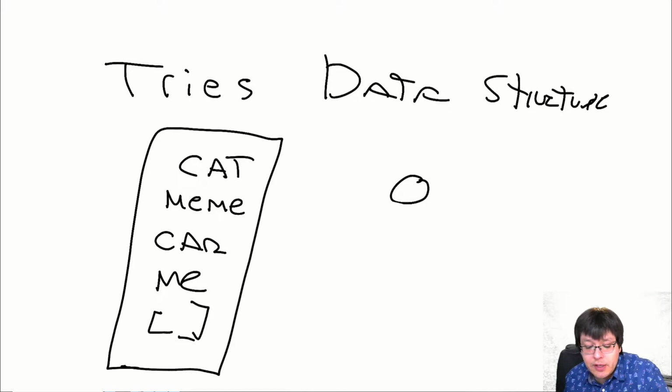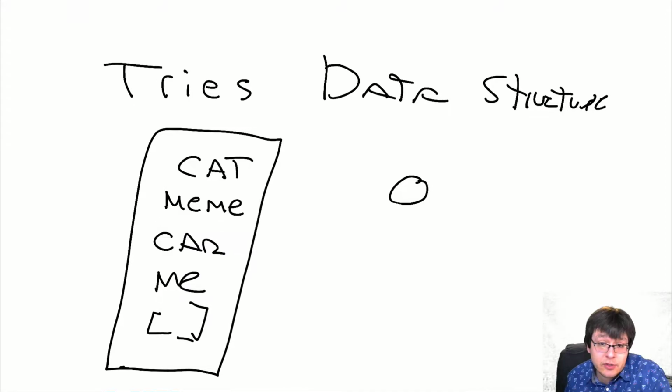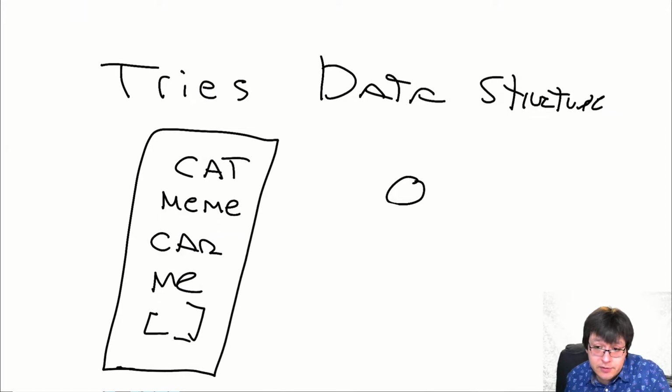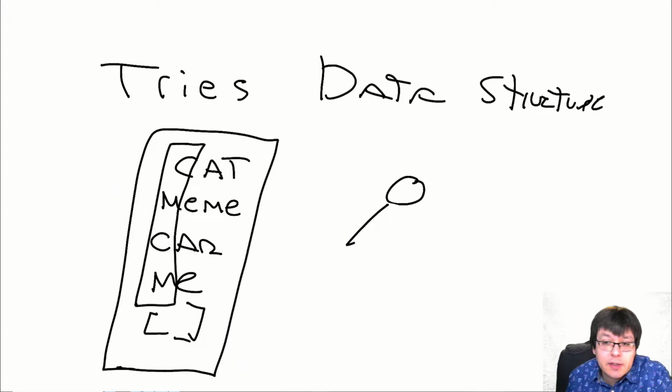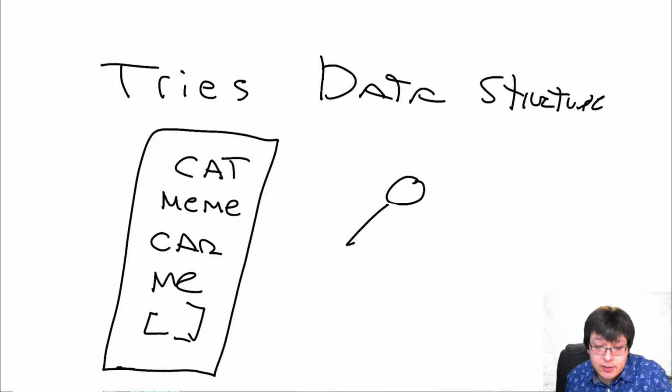So in my universe, I have 4 words and potentially the empty set. That means that in this universe, there are no dogs, there are only cats, memes, cars, and me. So what I can do is notice that all the words in my universe have C or M as the first letter.